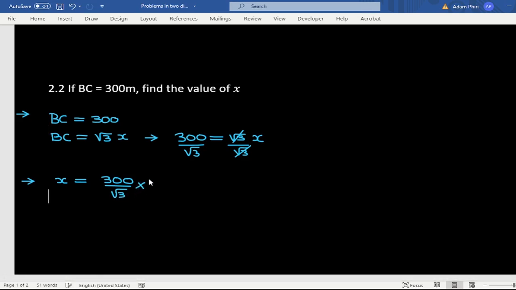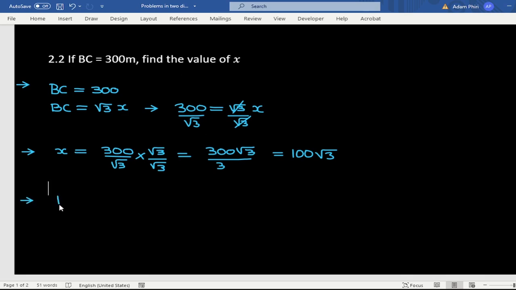So we never leave root 3 on the bottom. So we're going to multiply both sides by root 3, so the numerator and denominator are multiplied by root 3. So root 3 times root 3 gives us 3. So 300 divided by 3 is 100 root 3. So it's going to be 100 root 3.